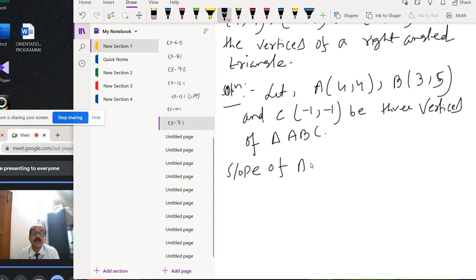Now first to find the slope of AB. Slope of AB equals (5 minus 4) by (3 minus 4), which is 1 by minus 1, so it is minus 1. Now slope of BC.